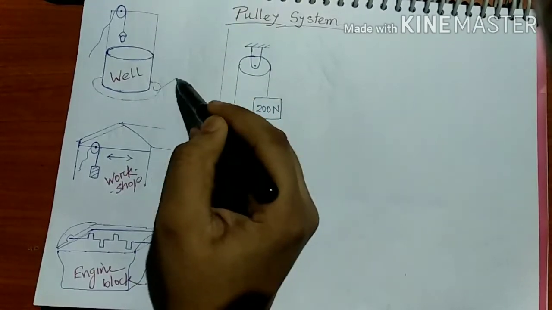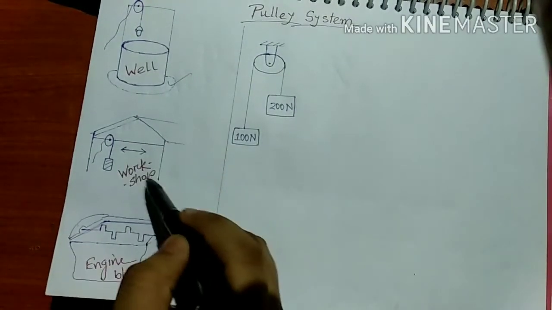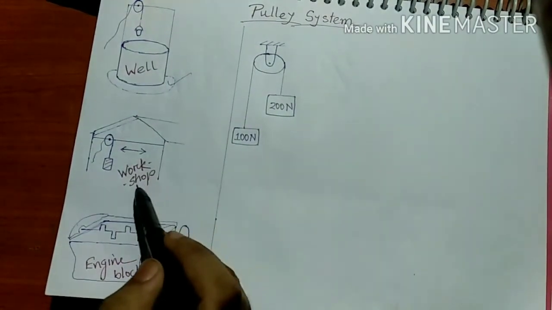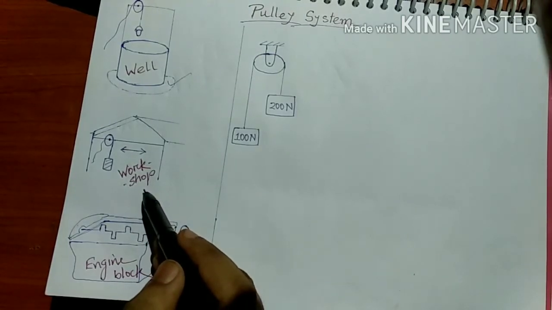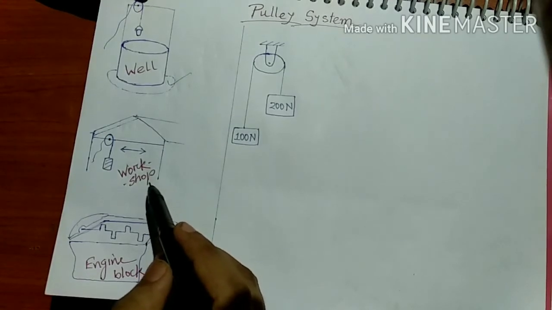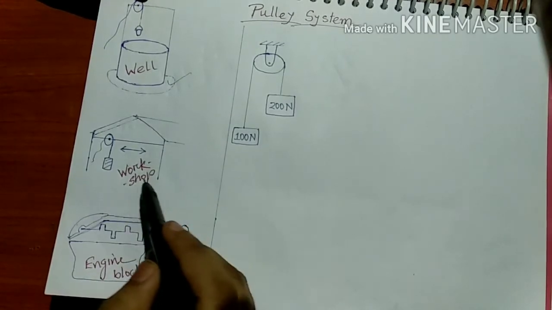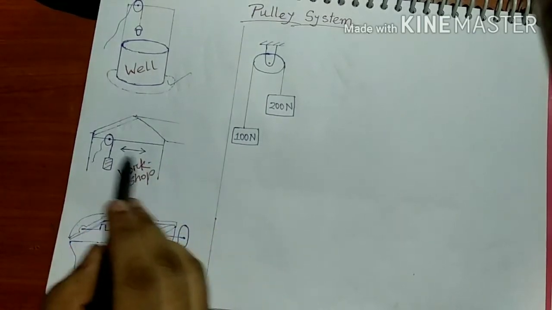Okay, next I have drawn here a workshop. As a mechanical student, if you visited a workshop, like when I was studying in my university, I visited a railway workshop. I have seen such an arrangement.